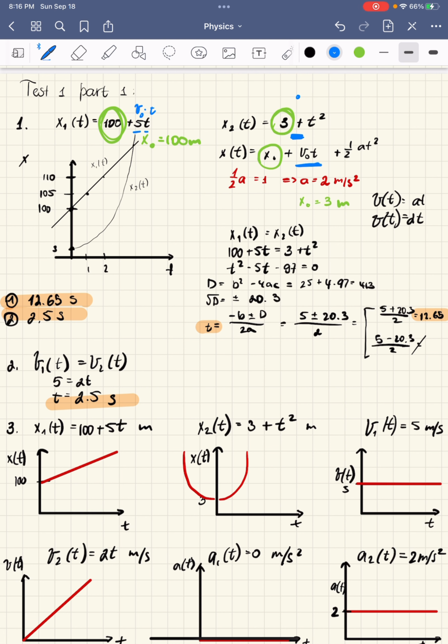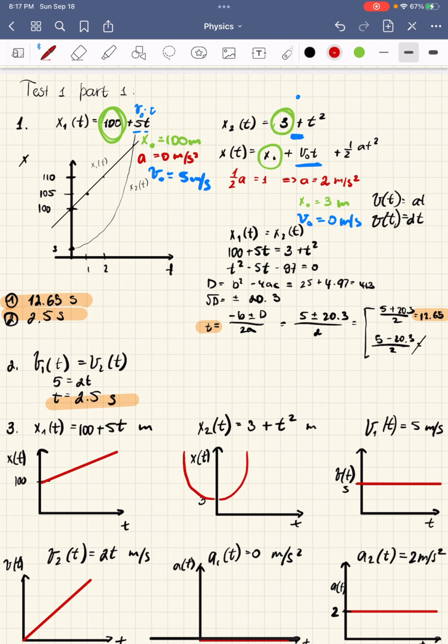So now we can find the acceleration. Here for the first object, we don't have acceleration, which means that it equals 0 meters per second squared. I forgot to put that. v0 equals 5 meters per second here, and here v0 is just 0 meters per second.